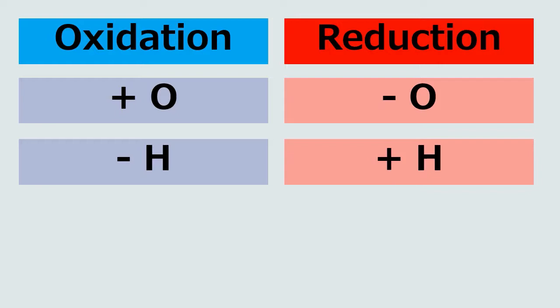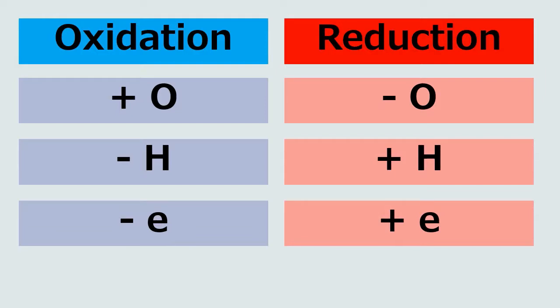And the last terminology, if the substance loses or releases its electrons, it is said that the substance undergoes oxidation, while if the substance receives electrons, it is said that the substance undergoes reduction.